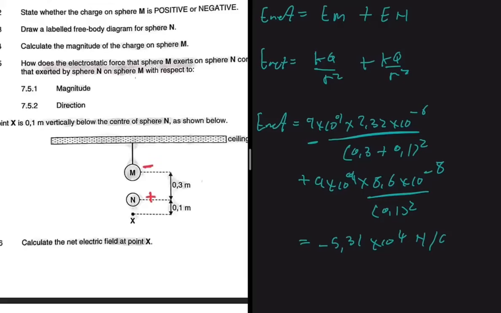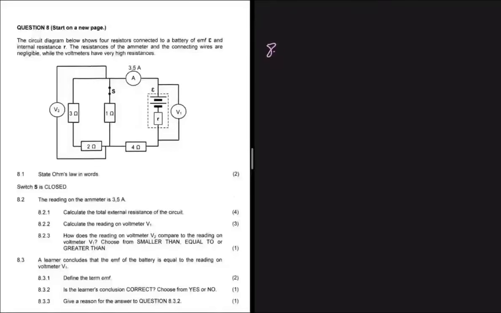As our answer here is negative, we can see fully well that sphere M is overpowering sphere N, so to say. So the direction of the electric field produced as a consequence of those two charges will be towards M.